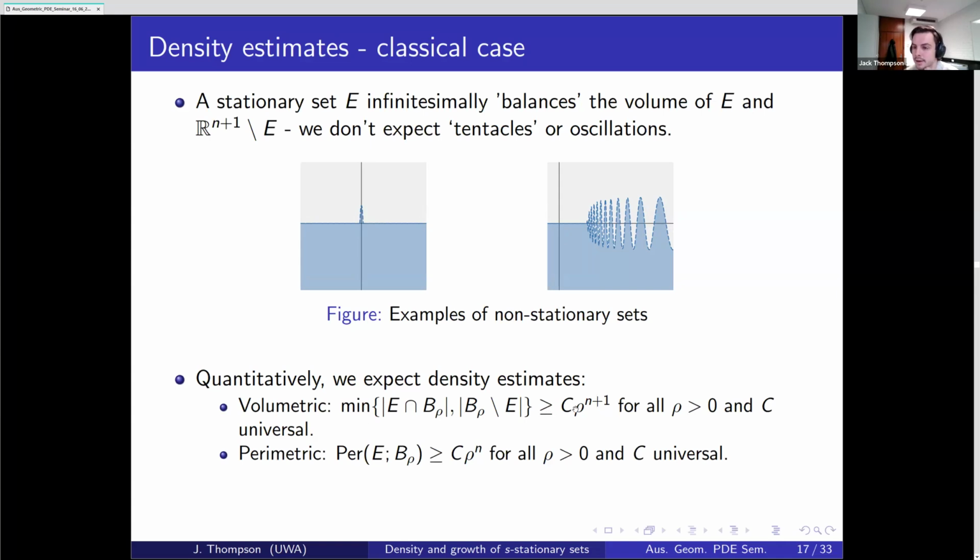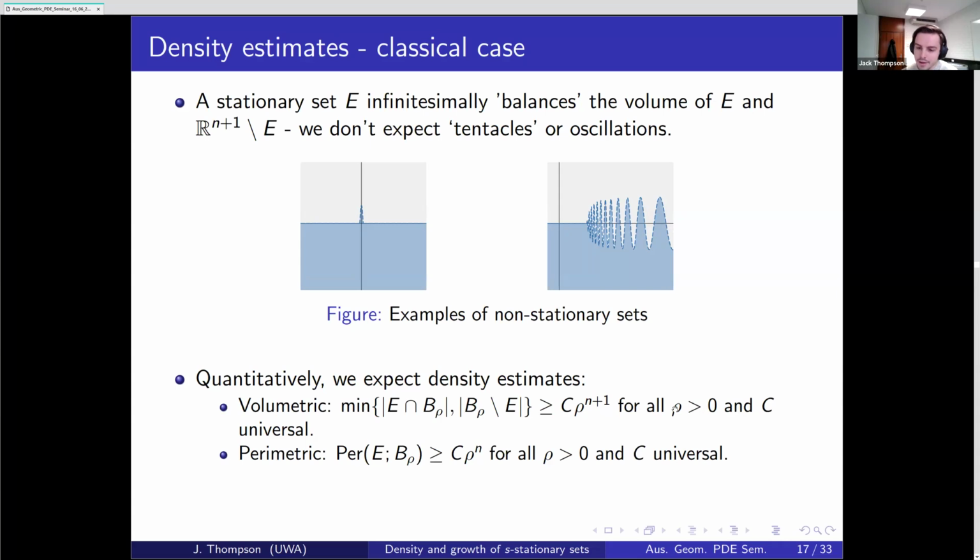The density estimate says this is bounded from below by c times rho to the n plus 1, where rho to the n plus 1 is the volume of a ball in R^(n+1). And this is for all rho and c universal.